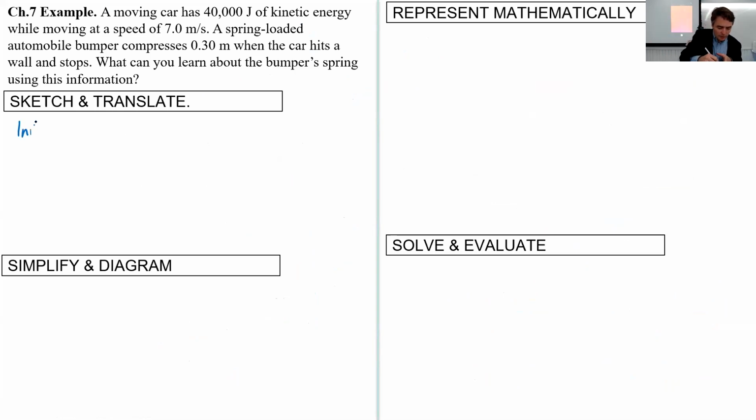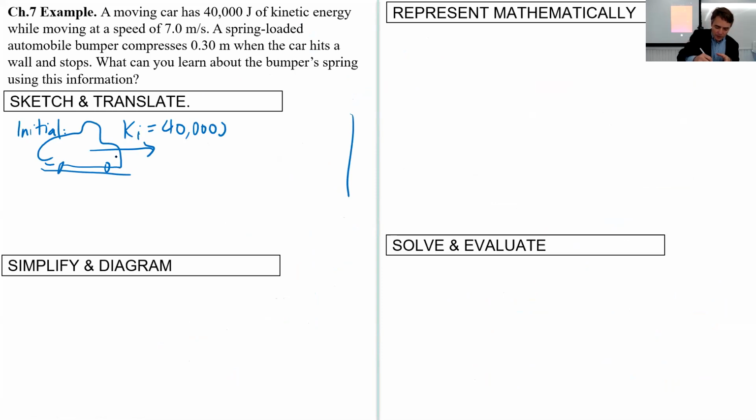So initially, what you've got is a car going along with some kinetic initial is equal to 40,000 joules. And it's got some uncompressed spring, x equals 0.